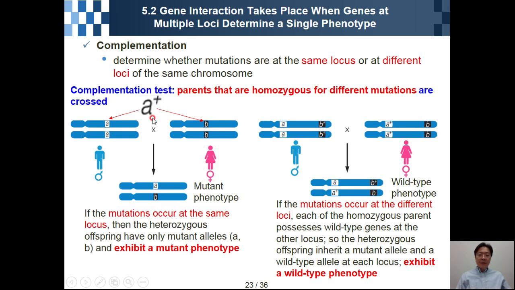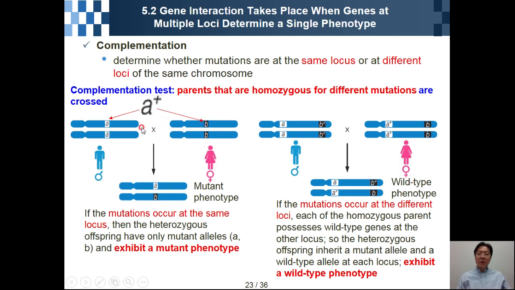So parents that are homozygous for different mutations are crossed. For example, the father has small aa. Small a is the mutant form of the wild type A, and small b is also a mutant form of the wild type, but they are located in the same locus of the same chromosome.